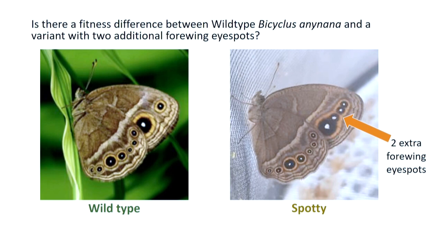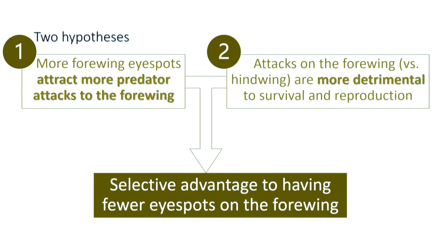And Spotty has two extra eye spots on the forewing. So we used these two forms of the butterfly, both wet season forms, both with prominent eye spots, again in experiments with mantids. And the idea was the following. If we have more forewing eye spots, perhaps they attract even more attention from these predators.